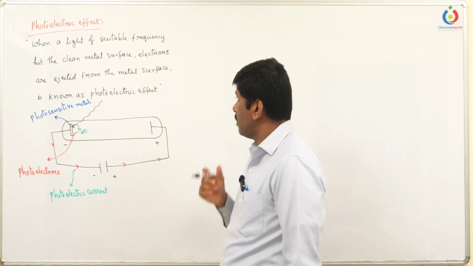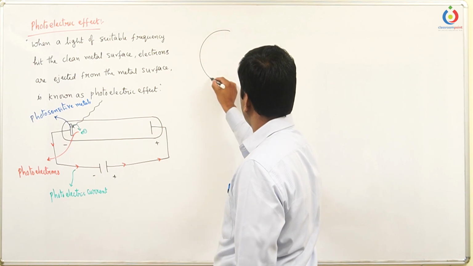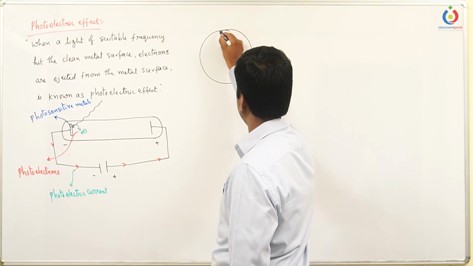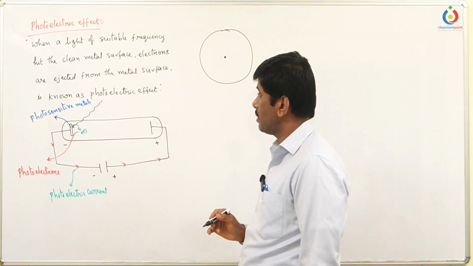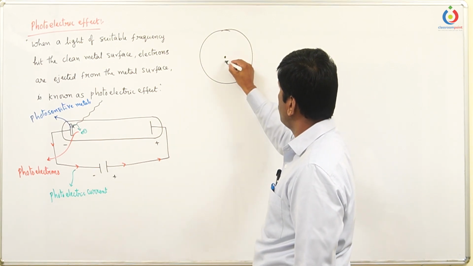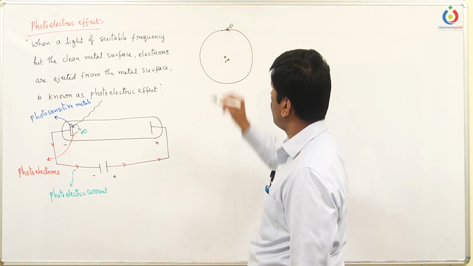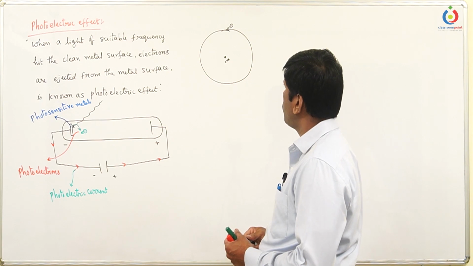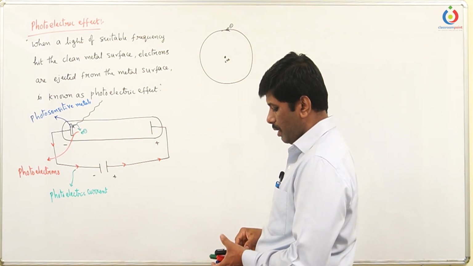Rutherford's atomic model. In Rutherford's atomic model, we have studied that the center part of the atom is nothing but the nucleus, which has the positive charge, and electrons revolve around the nucleus in circular paths.